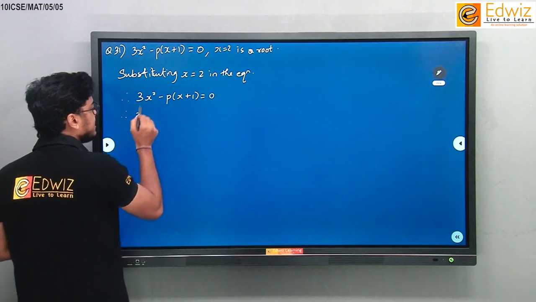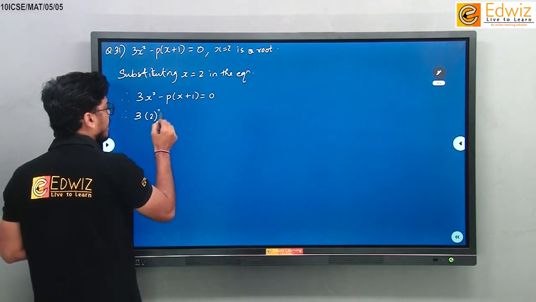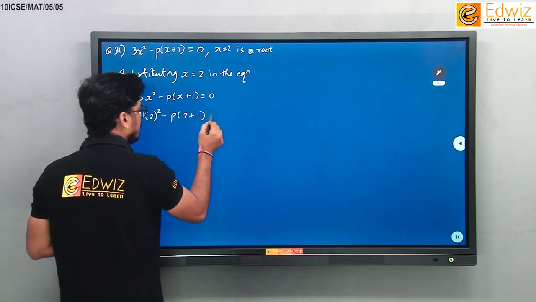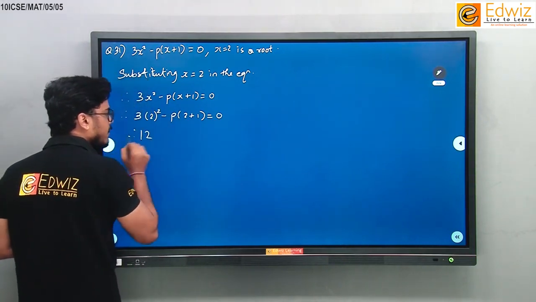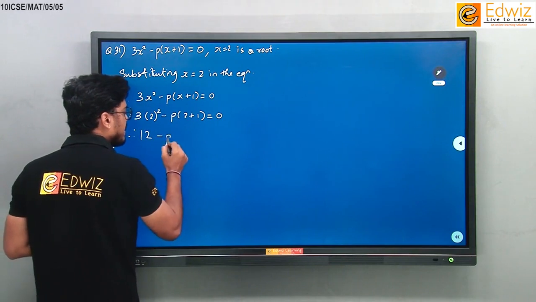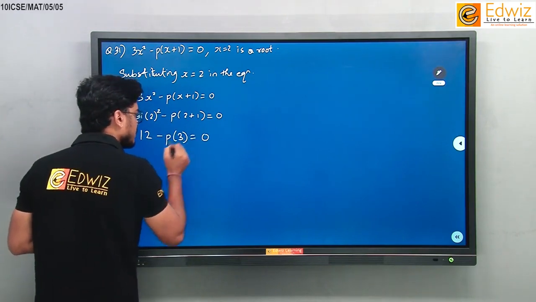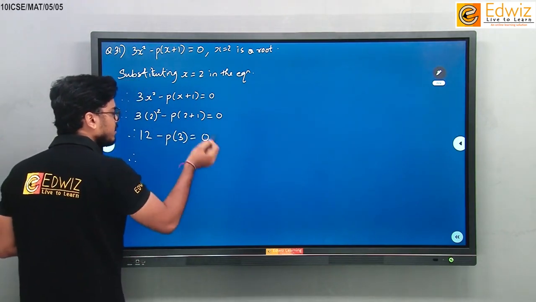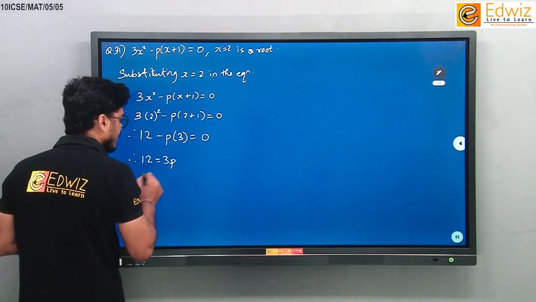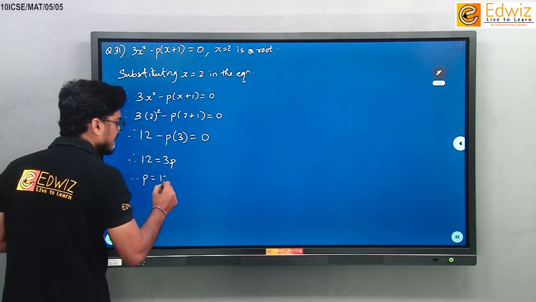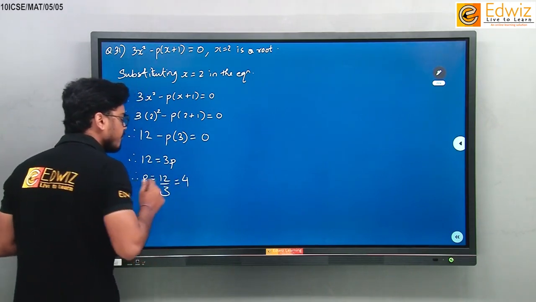Now substitute 2 instead of x. So you will get 3 multiplied by 4, 12, minus p multiplied by 3 equal to 0. So take 3p on the other side, it will be 12 equals 3p. Therefore the value of p is 12 divided by 3, that is 4.